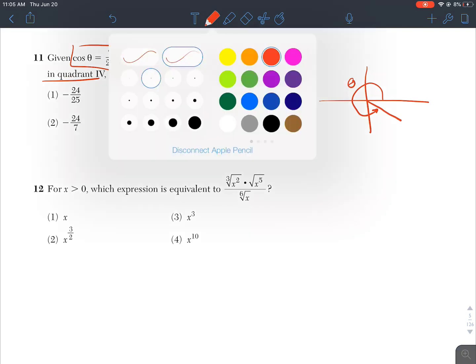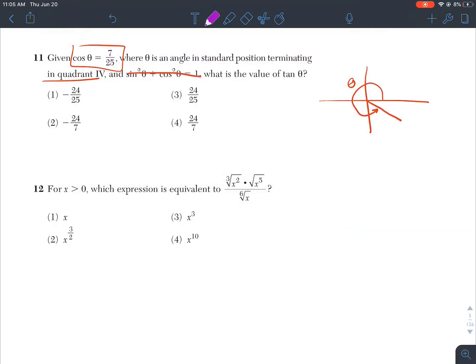This is theta. We know that cosine of theta is x over r, so this is x coordinate of 7, r value of 25. Using the Pythagorean theorem to find the y coordinate, skipping some steps will give you 24. You can just use a squared plus b squared equals c squared to find that 24.